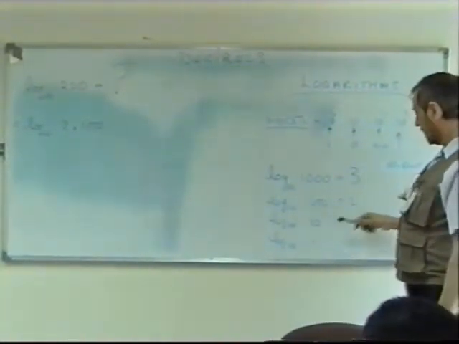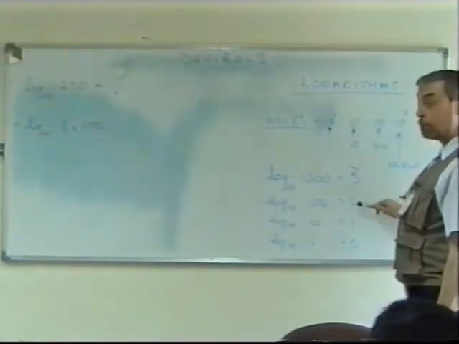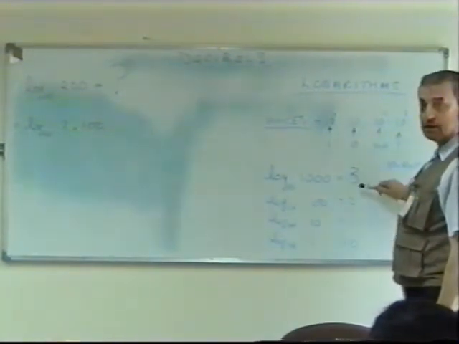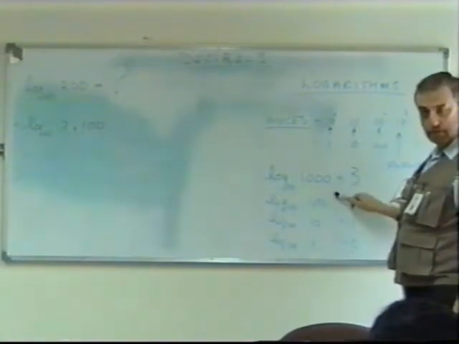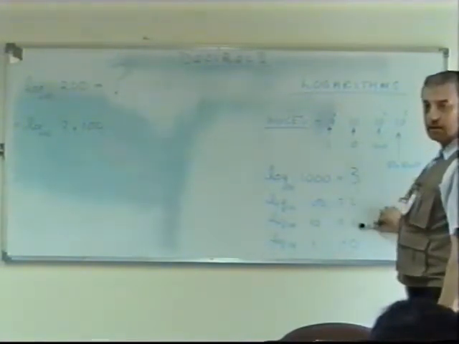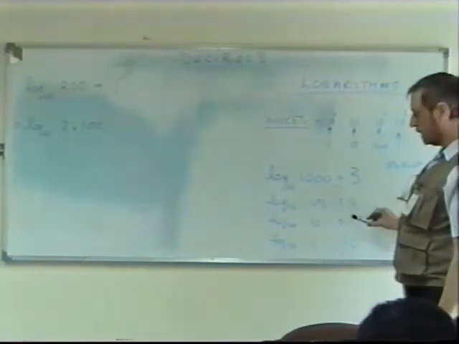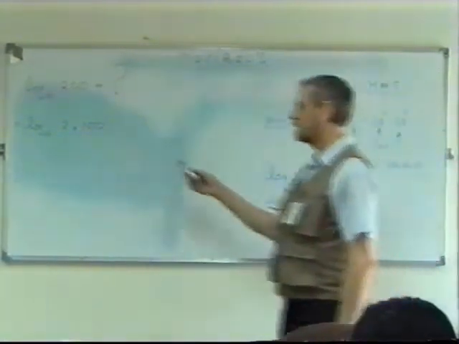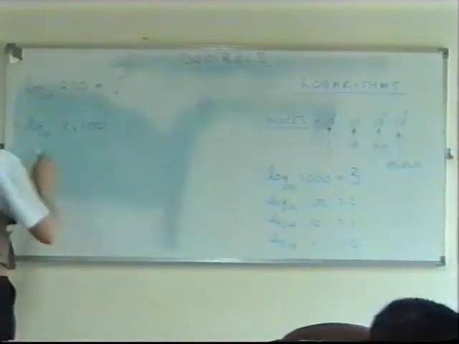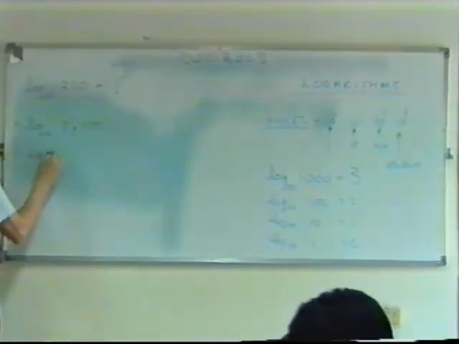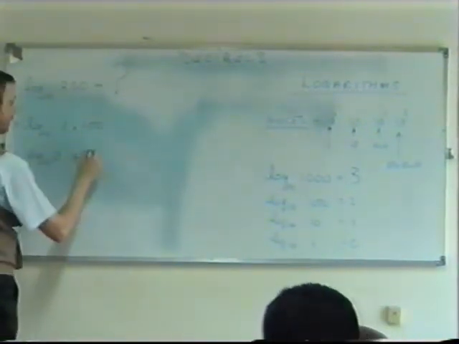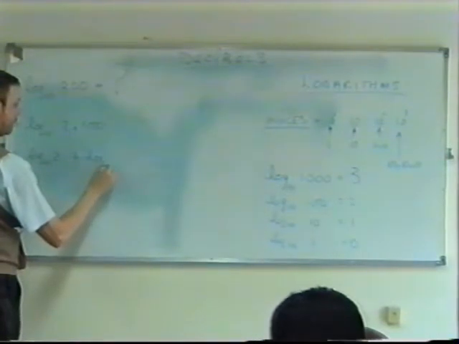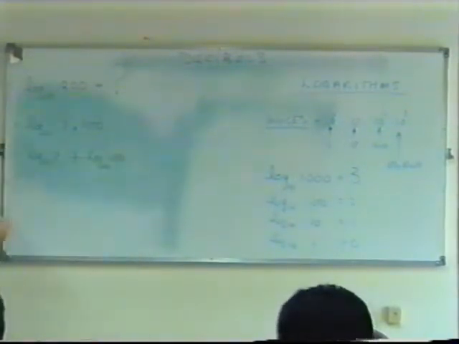It's 2 plus 1 is 3. So you add the indices in order to get the multiplication. So it's the same here. It's equal to the logarithm of 2 plus the logarithm of 100, isn't it?